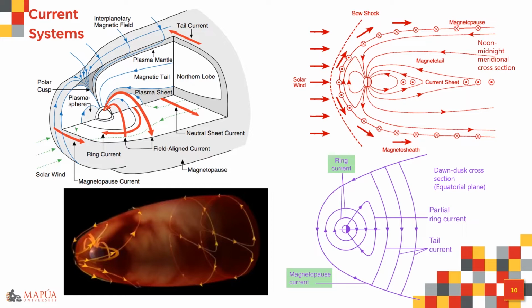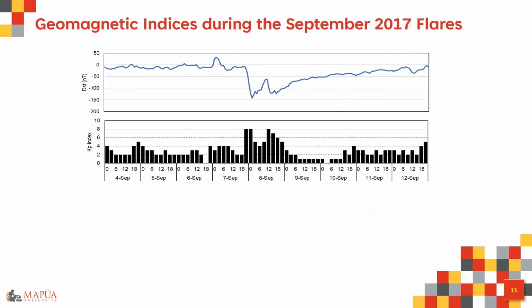One of the effects, if there are changes in the ring current and the magnetopause current, as the solar wind becomes disturbed or brings transient energy like CMEs or high fast moving solar winds, is the presence of geomagnetic storms.